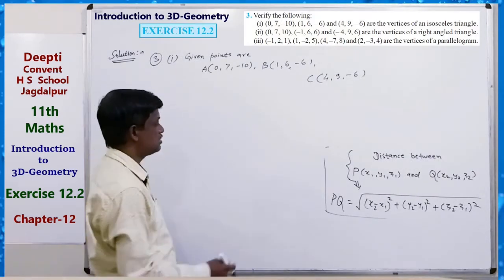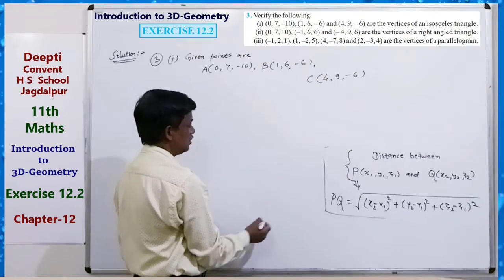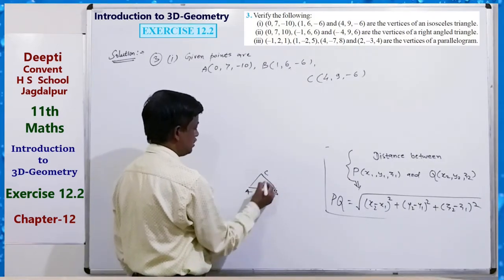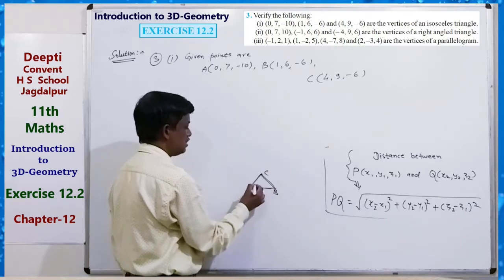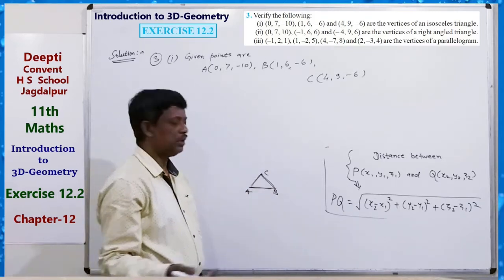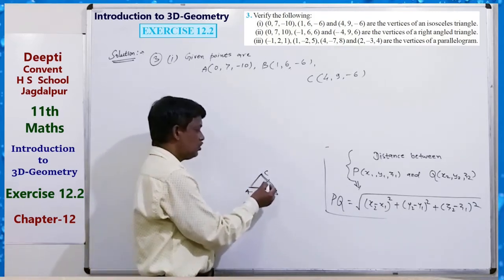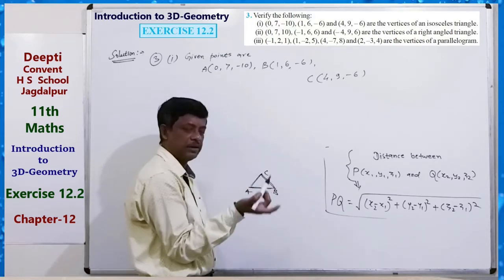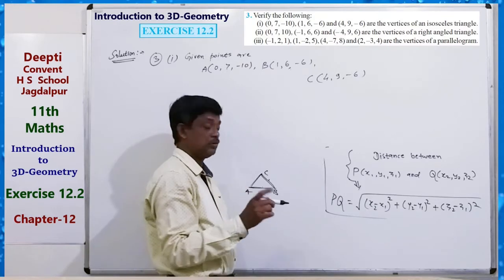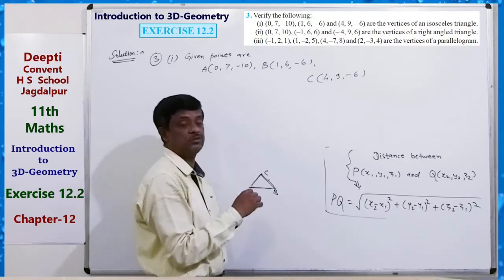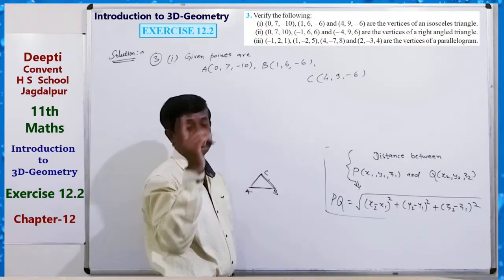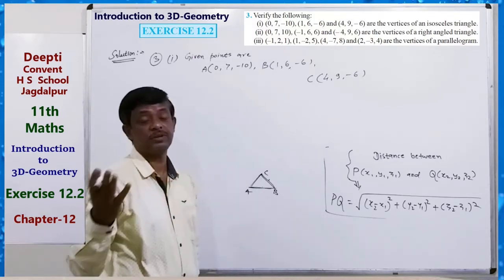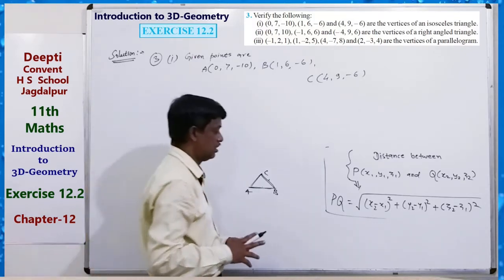Isosceles triangle means if A, B, C, then we have to find AB, BC, and CA. Just we have to find the value. If two are equal and the third is different, and also the sum of any two sides is not equal to the third side, then we can say that these three points are the vertices of an isosceles triangle here.